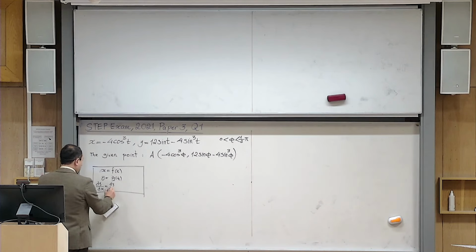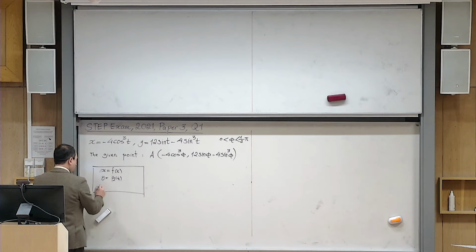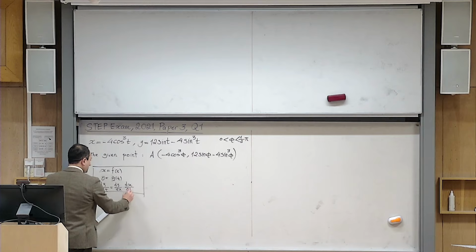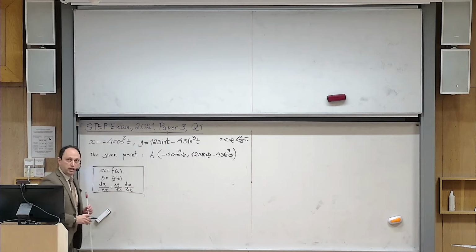If I want to take the derivative of y with respect to t, I can write the derivative of y with respect to x multiplied by the derivative of x with respect to t. That is just the famous chain rule.